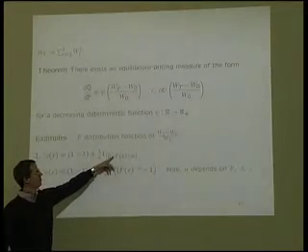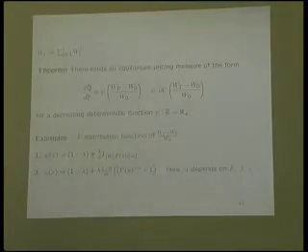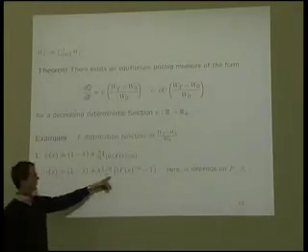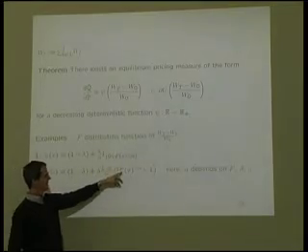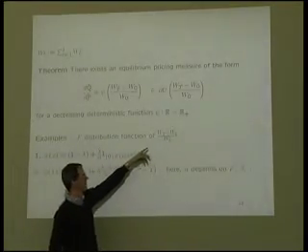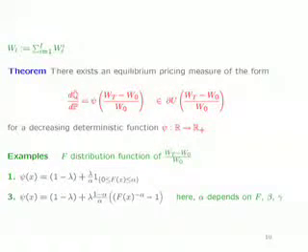F is the distribution function of this random variable here, Wt minus W0 divided by W0. And then more interestingly, if I use these parameter preferences, then the function psi will be of this form here. It will be this term plus this constant times the distribution function of Wt minus W0 divided by W0 to the minus alpha.